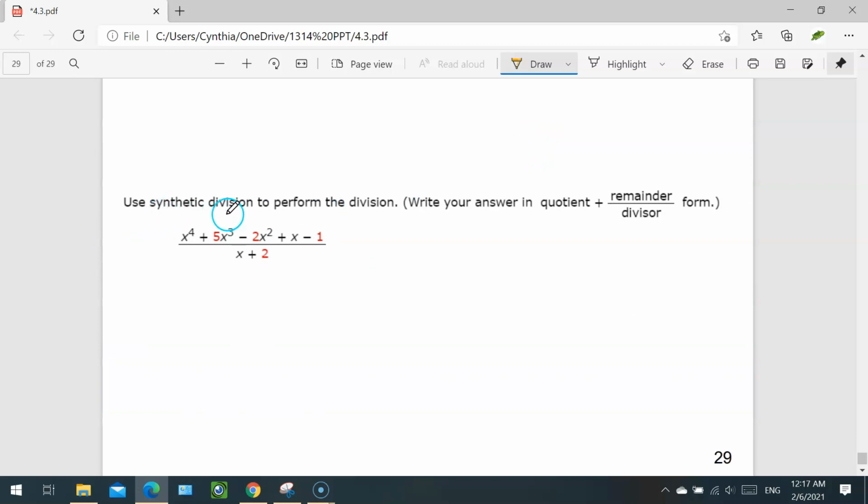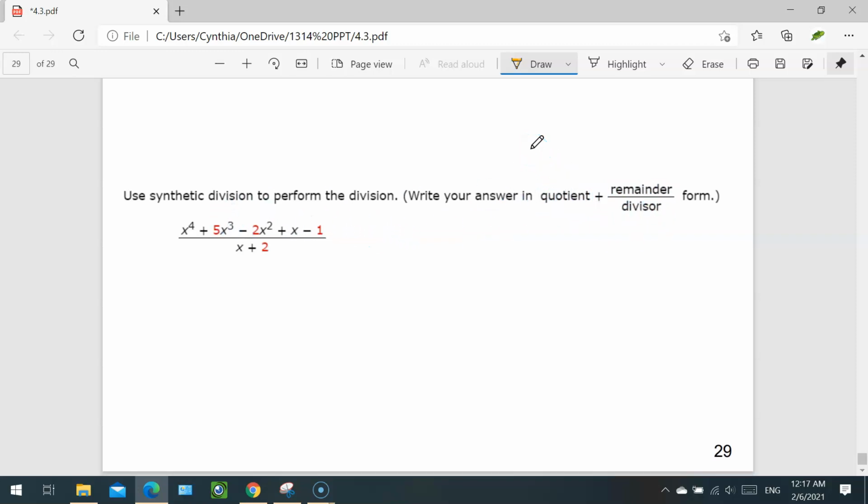One more. Use synthetic division to perform the division. So you have to write down the solution as the quotient plus remainder over the divisor. Okay, this one, I probably cannot finish because the time is almost run out. Alright, let's see. We can use synthetic division, right?